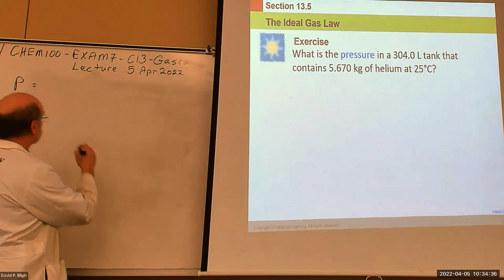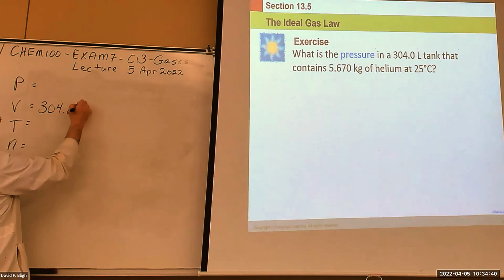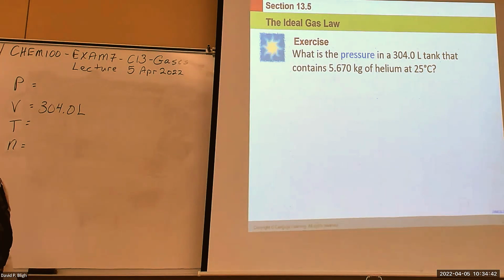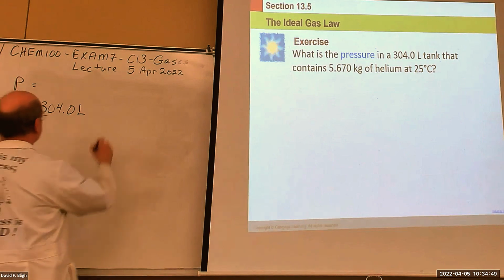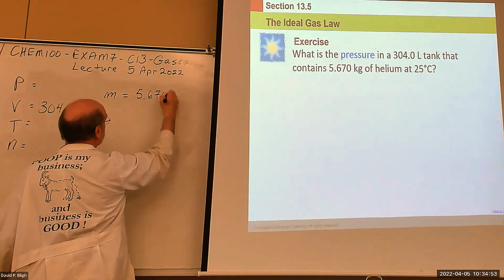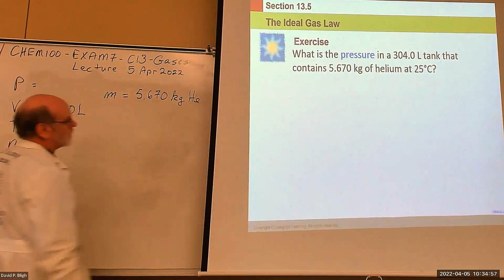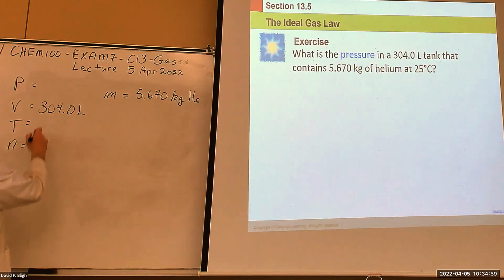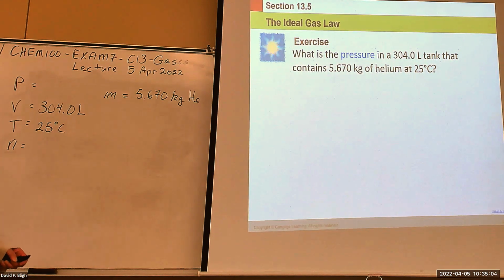We know that 304 liters is the volume of the tank, and it has 5.670 kilograms of helium. So we're given the mass, 5.670 kilograms of helium. And the temperature is 25 degrees. Okay. What's the pressure?